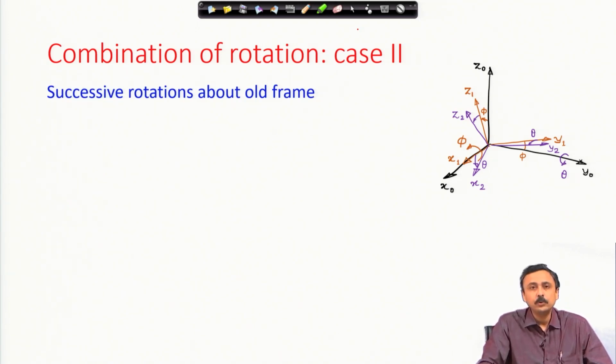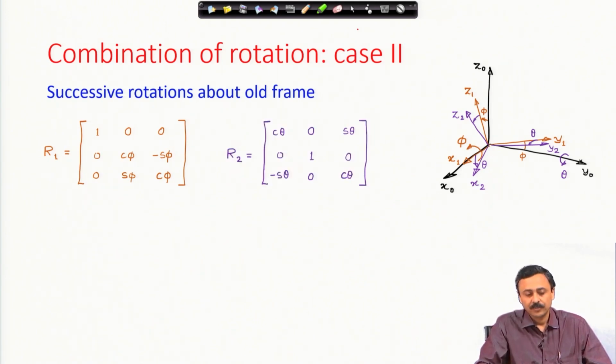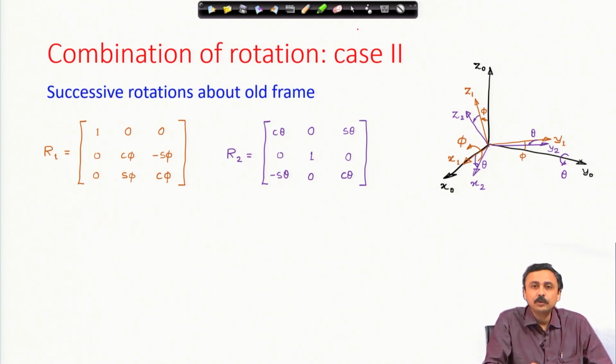Then what do I do? How do I find out the net rotation matrix from 2 to 0? This is the rotation matrix 1, which gives me from frame 1 to frame 0, which is a rotation about x axis. This is a rotation about the y axis. This is the rotation matrix 2, but which y axis? The old y axis.